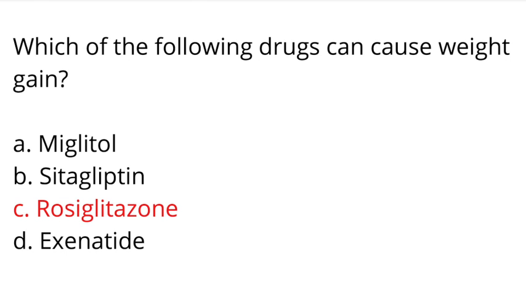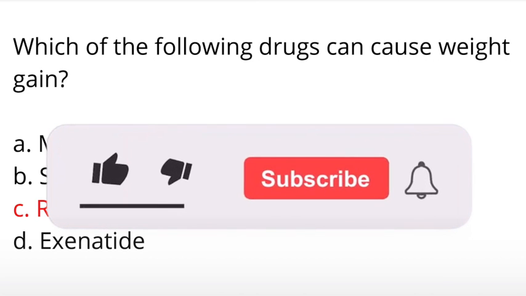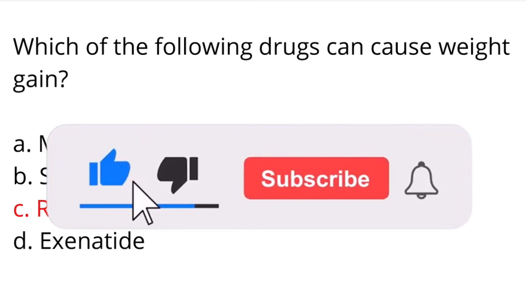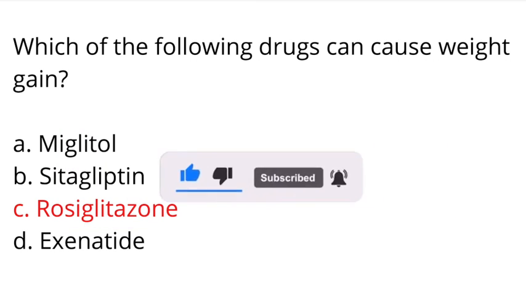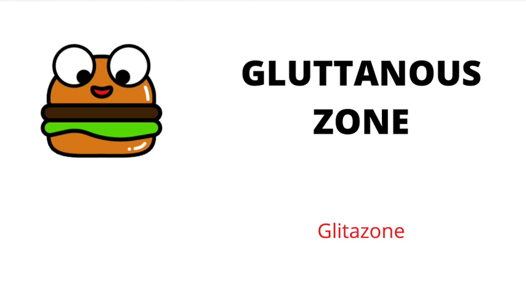Rosiglitazone belongs to a group or drug class called glitazones. How we can remember that it is associated with weight gain is by this, the gluttonous zone. It kind of sounds like glitazone, and of course gluttonous means someone who overindulges. So that's one easy way that we can remember this very high yield association.